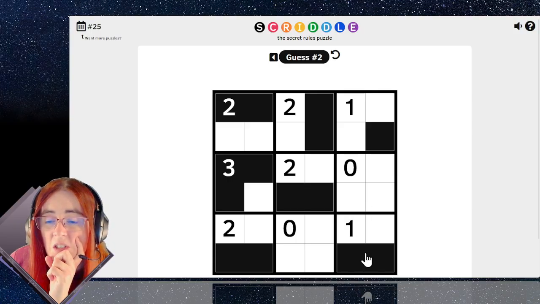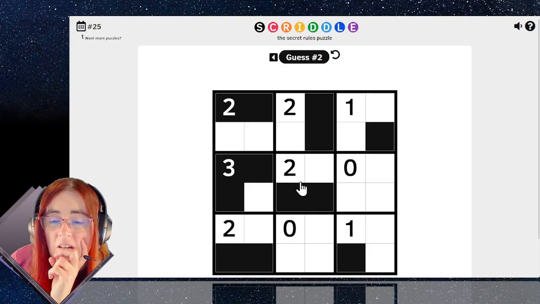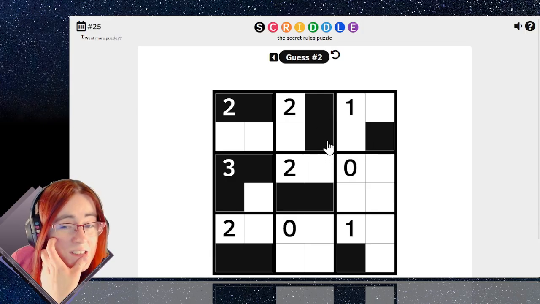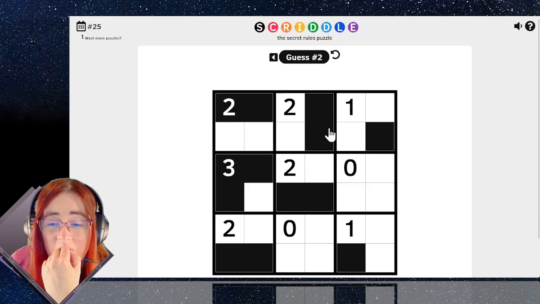Does diagonal touching matter? Can we avoid diagonal touching? I don't think we can avoid diagonal touching, like here. But I'm still trying to implement this rule of having the number that it says in the box, but that might not be true. Maybe we should try breaking that.